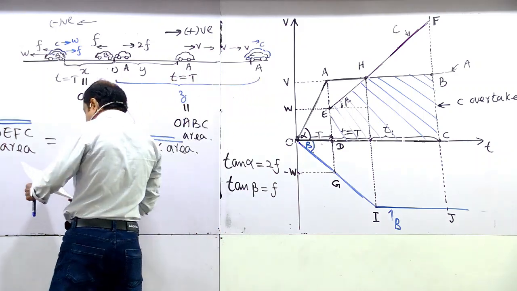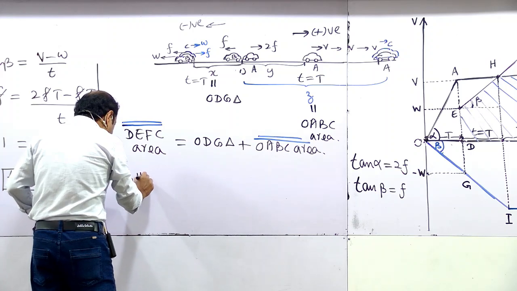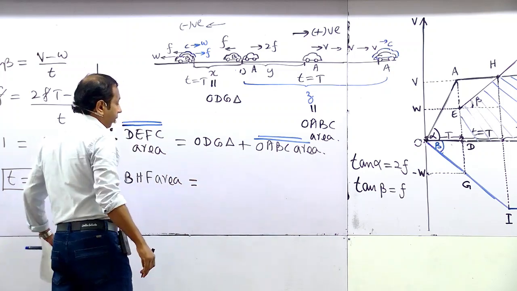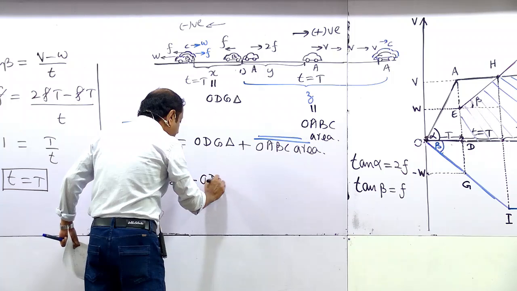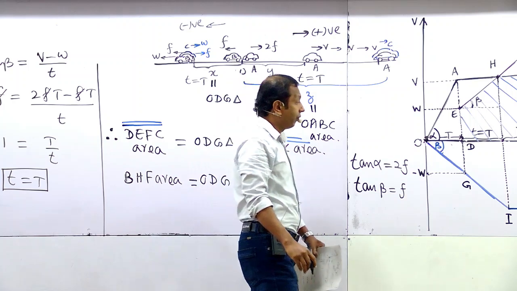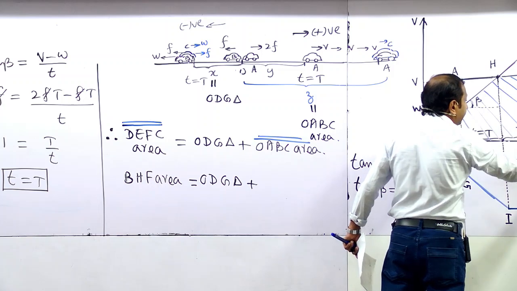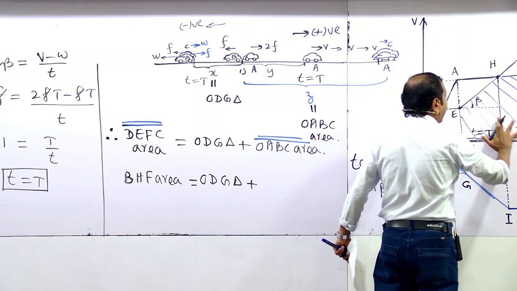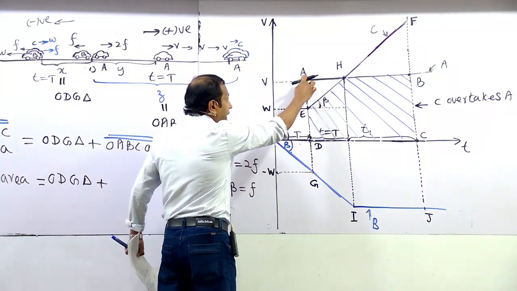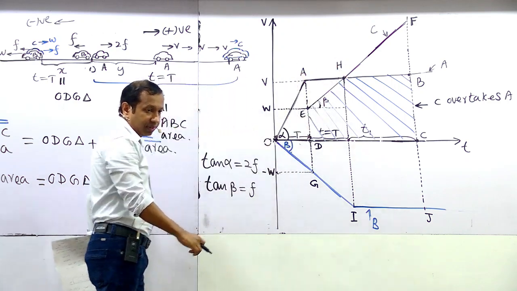Then on the left hand side we have the BHF area, and we write the ODG area here. From OABC, we remove this. Then tell me the remaining area: OAD plus AEH. Am I correct?